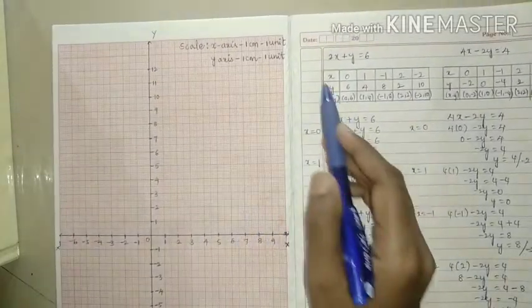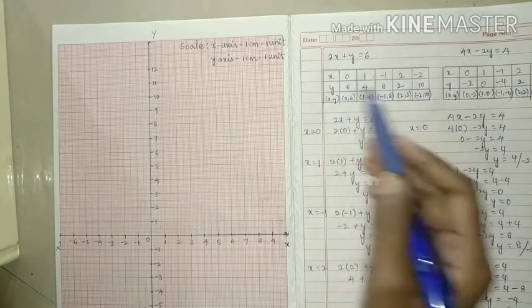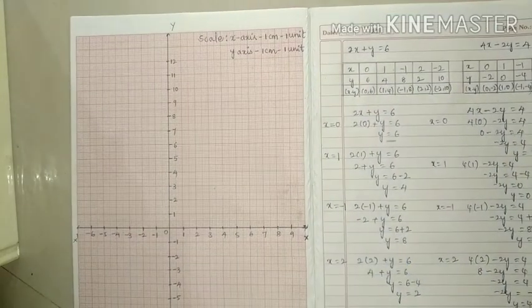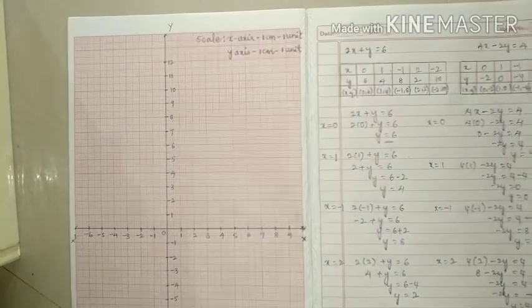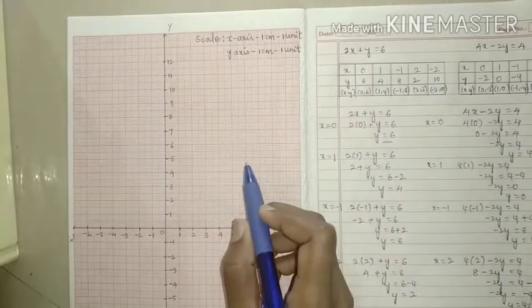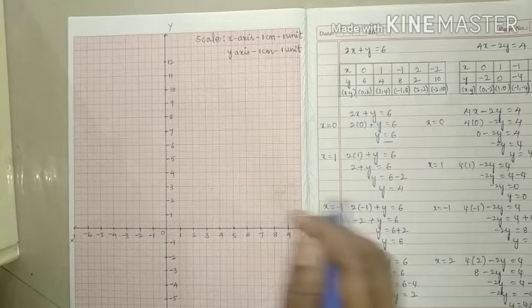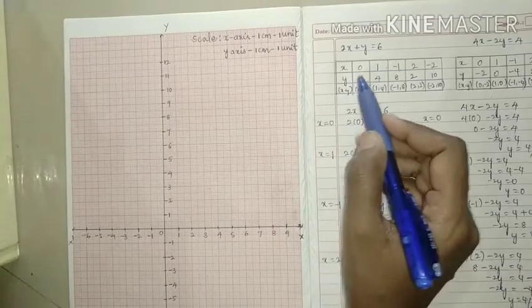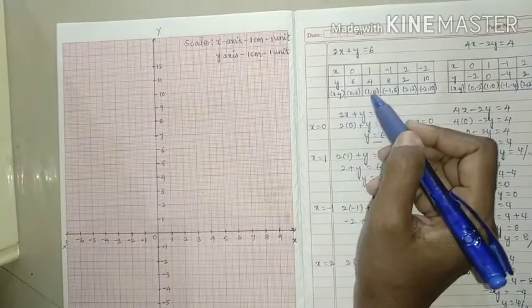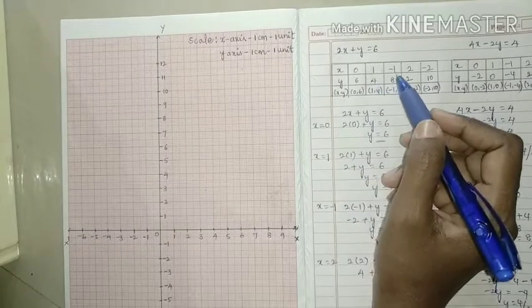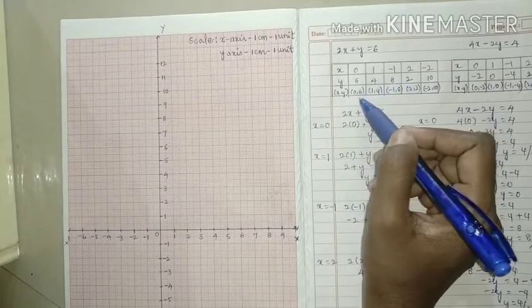Now we have the points, so now we will mark on the graph. Here I am using a pen, but you have to use a pencil to draw the graph. So here the first point we have for the first equation is 0 comma 6.